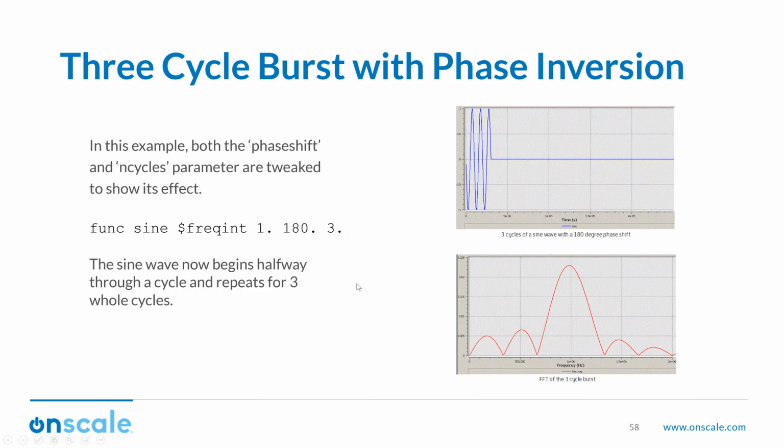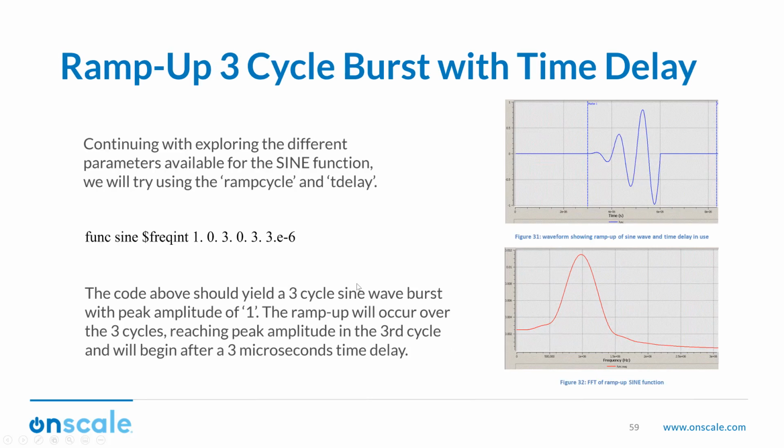Now, let's look at the ramp-up with 3-cycle burst with time delay. This kind of function is also a sine curve, but I am using the 2 other parameters that I haven't used up to now to show you what it gives you.